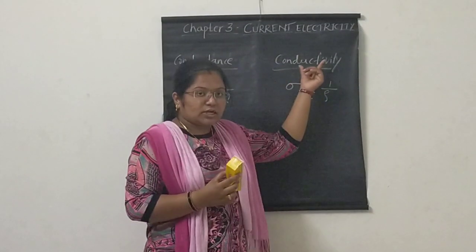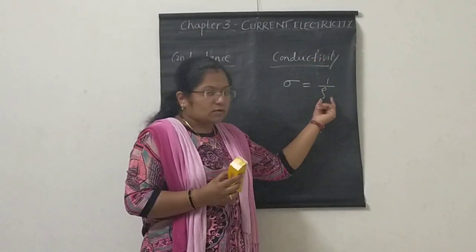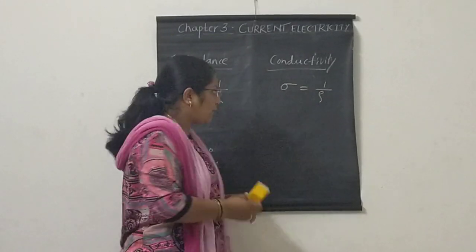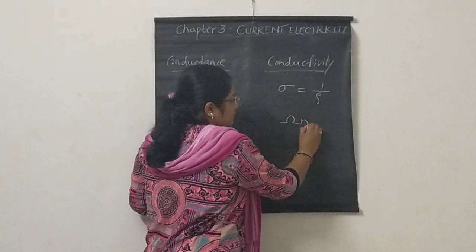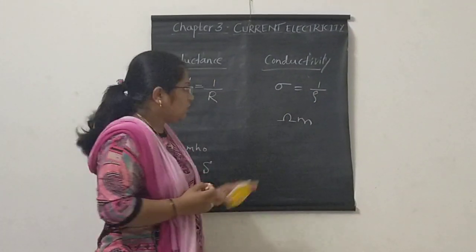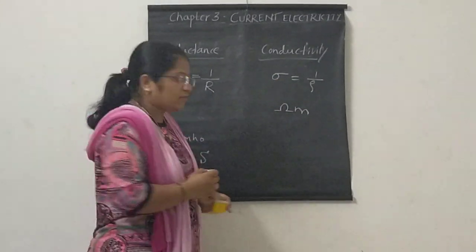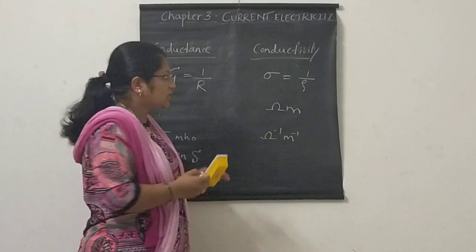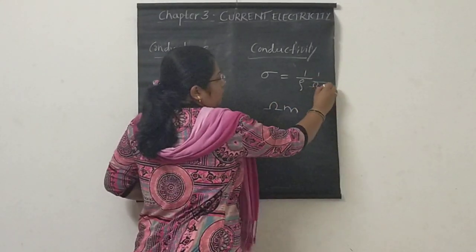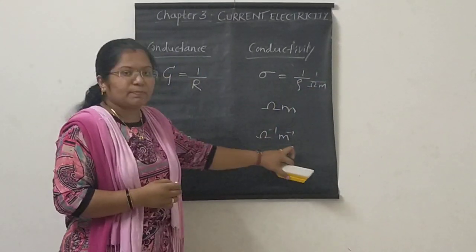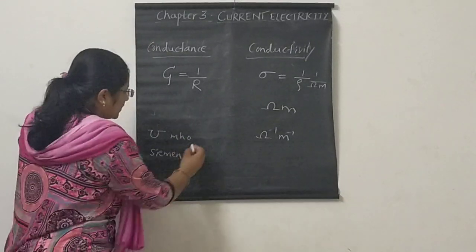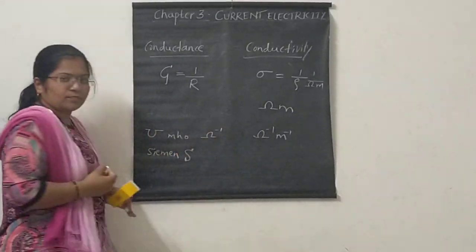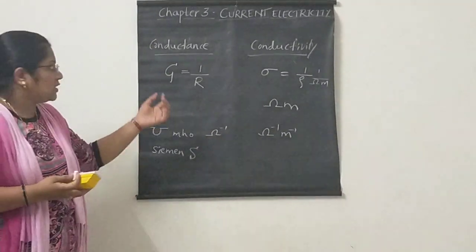Similarly, for conductivity, what do we have? For resistivity, we have ohm meter. So for conductivity, we have per ohm per meter, because it is 1 divided by ohm meter. So it's just the inverse.